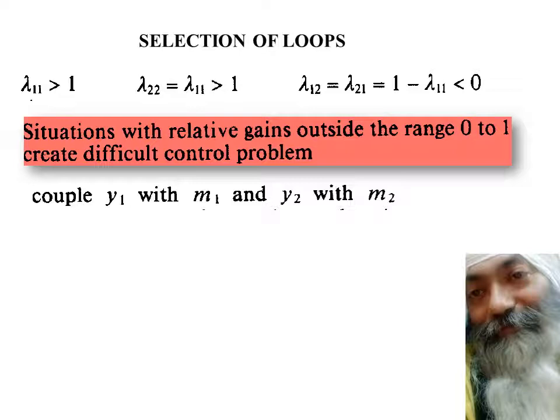Suppose I couple y1 with m1 and I couple y2 with m2. It means I'm taking lambda 1 1 which is greater than 1, and I'm also taking lambda 2 2 which is again greater than 1.